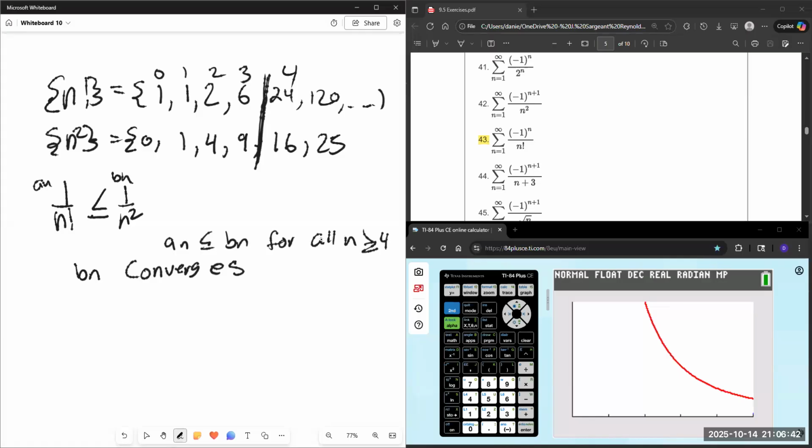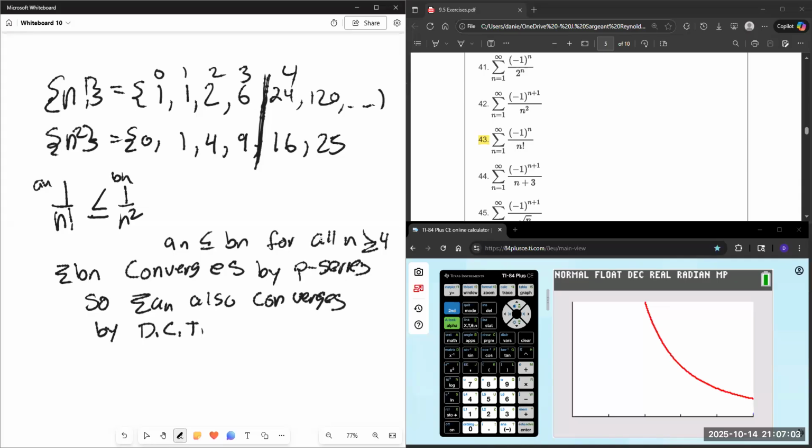b_n converges by P series. So a_n's series also converges by direct comparison test.